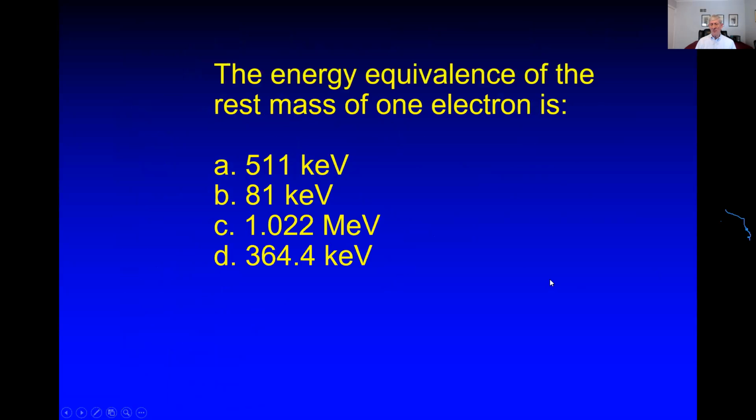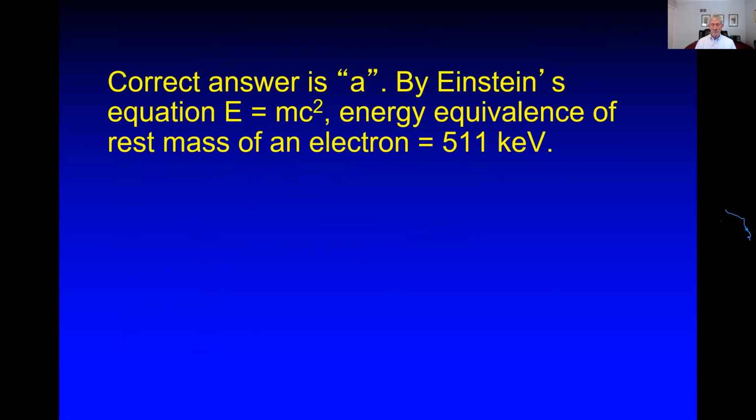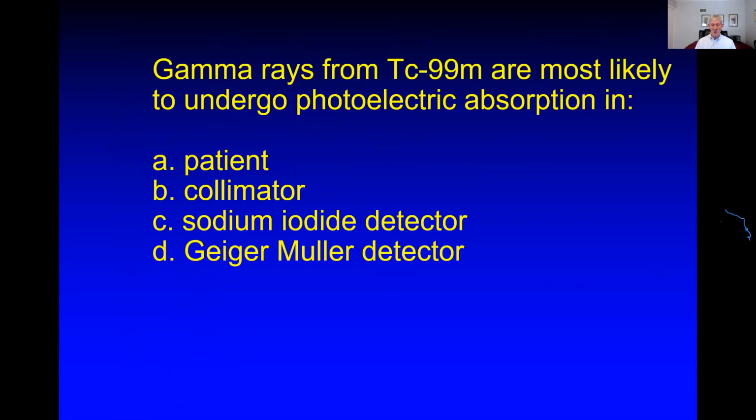Okay, this is right off an old exam. The energy equivalence of the rest mass of one electron is A, 511 keV. And that's by Einstein's equation. Gamma rays from technetium are most likely to undergo photoelectric effect in which one of those?